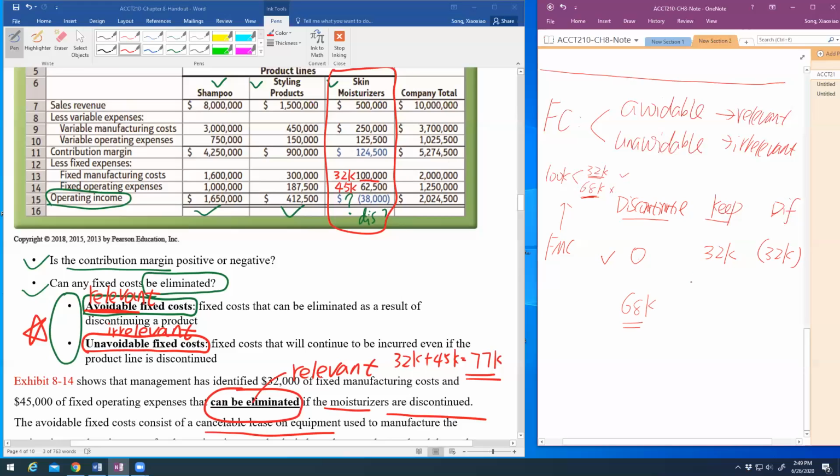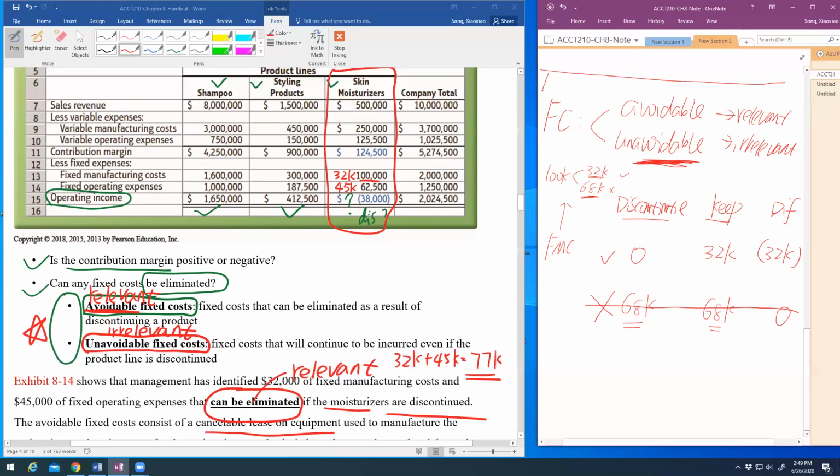If you keep the product, you also have to pay 68,000 as the insurance cost. So no matter you discontinue or you continue, there is no difference. So that 68,000 is not relevant because it's unavoidable.